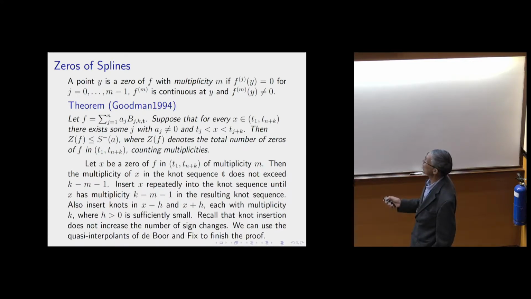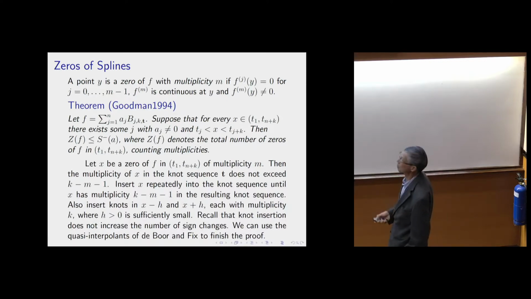Then, with h sufficiently small, insert the nodes x minus h and x plus h, each with multiplicity k. The node insertion does not increase the number of sign changes, as we mentioned before. Then we can use the quasi-interpolant of de Boor and Fix to finish the proof.